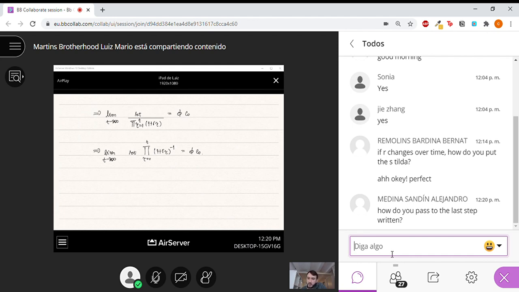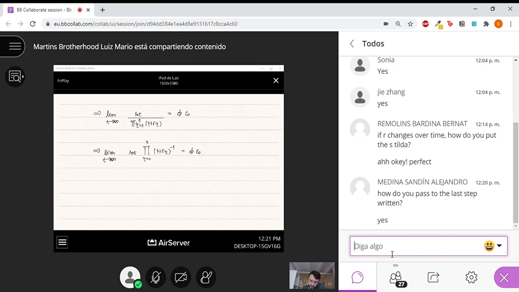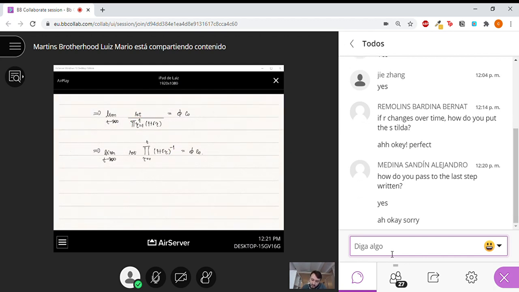Okay, so Alejandro, your question is from here to here or before? Okay, so the difference is that I can put the denominator in the numerator, and then I have the -1 here. So yeah, sometimes we don't see some exponents, right?